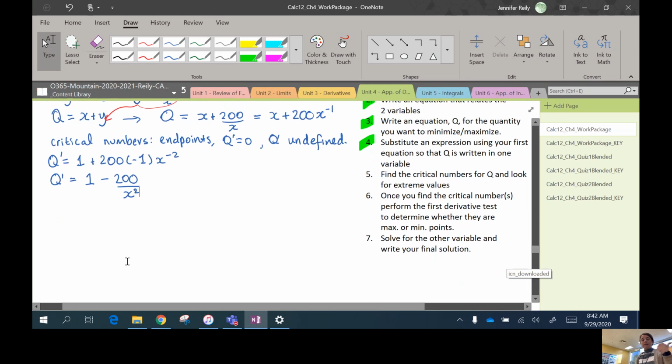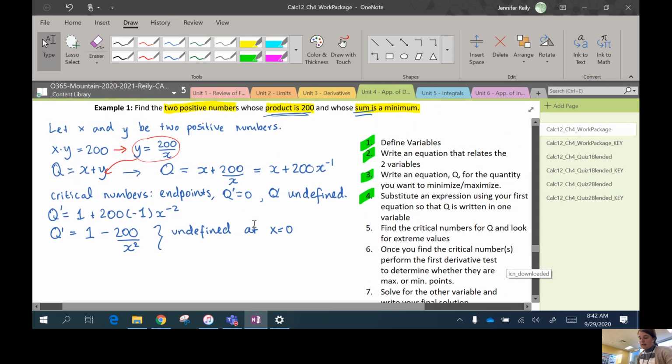And I want to find places where this is undefined and where it's equal to 0. Right away, we can see it's undefined at x equals 0 because you can't divide by 0, but that is not a critical number. Why is that not a critical number?